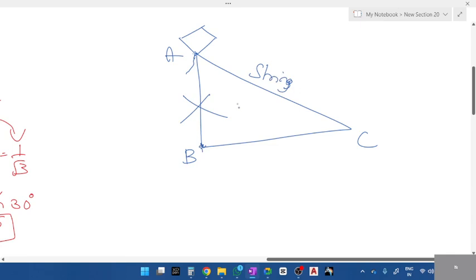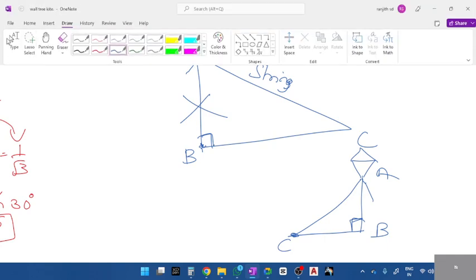It won't be straight, it will be like this. If it goes towards the right, like this. So two different diagrams, either draw it left hand side or right hand side. 90 degrees, right angle triangle, hypotenuse. Then check whether angle of elevation or depression is asked, whatever is asked.